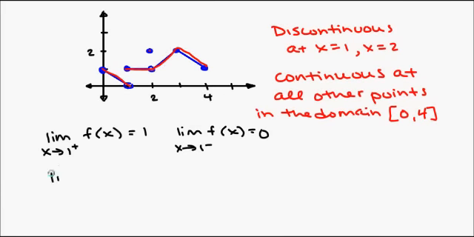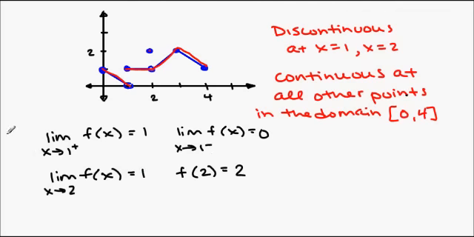And here, the right hand and left hand limits at 2 are the same. You can see they're going to the same point. But if you look at the limit as x approaches 2 of f of x, sorry, this isn't 2, this is a 1. So this limit is 1, but the function value f of 2 is 2. So those aren't equal.